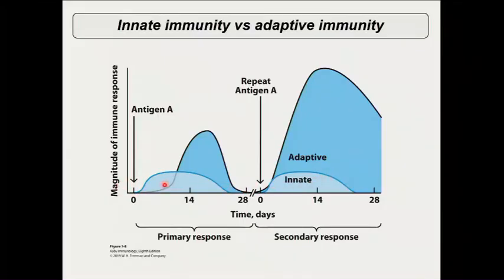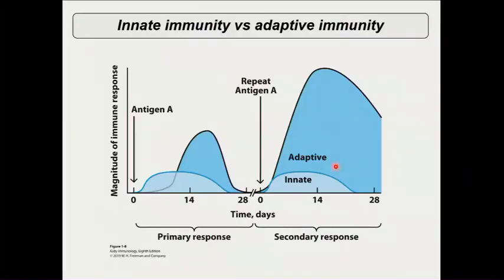And what I want to show you is that the innate immune response, the one in light blue, is always the same. There's not much difference. So the innate immune response in that aspect is fairly dumb. It always does the same thing. It does it sometimes effectively, sometimes not so effectively. Sometimes you really need the innate immune response, otherwise you would be dead before you make an adaptive immune response, but the innate immune response doesn't learn.